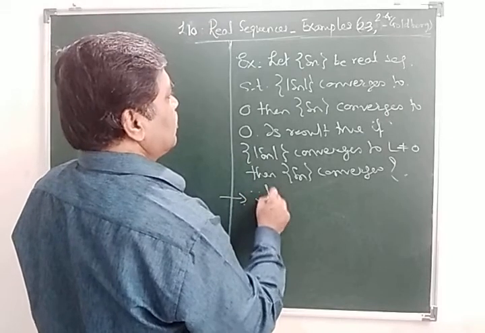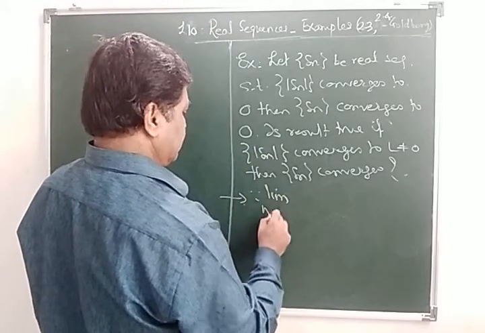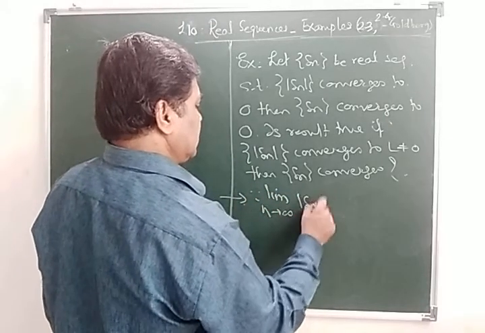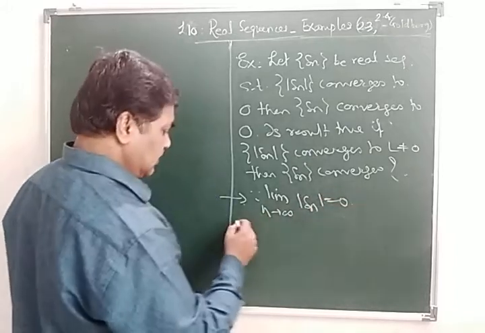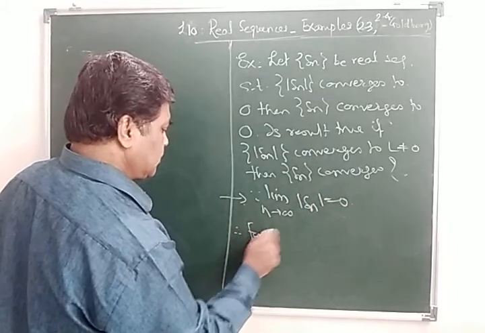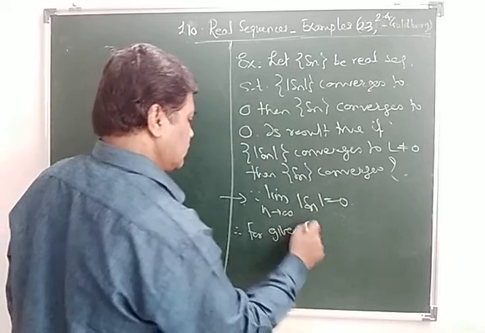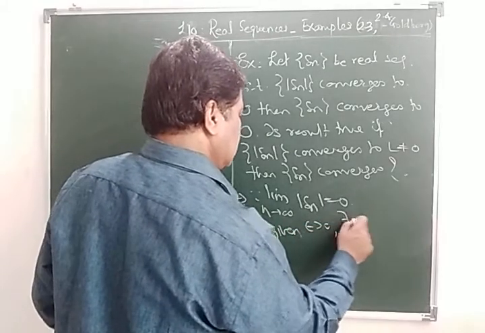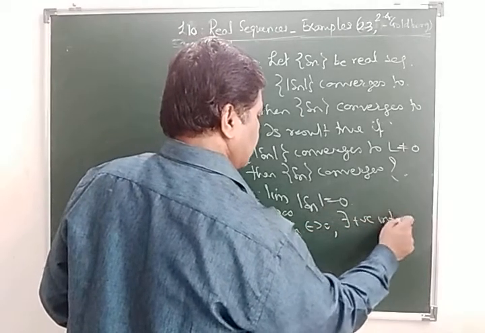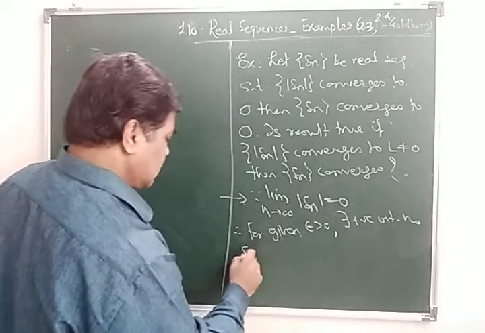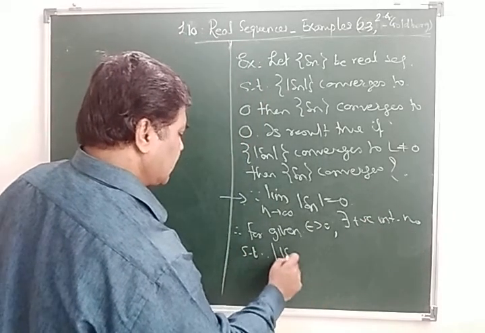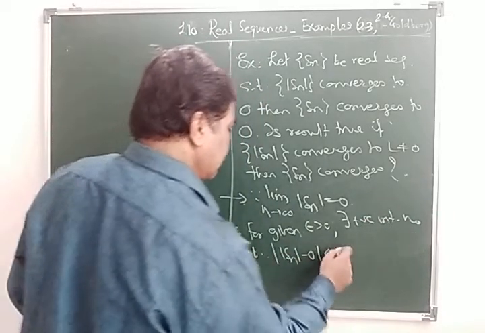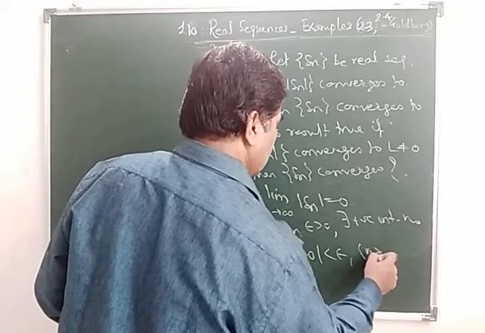Now since the limit of mod Sn is given to be 0, this implies that for given epsilon greater than 0, there exists a positive integer n naught such that mod of mod Sn minus 0 is less than epsilon for any n greater equal n naught.